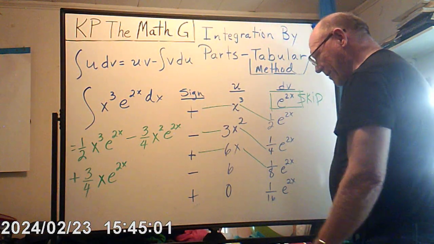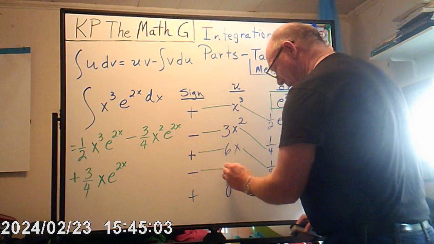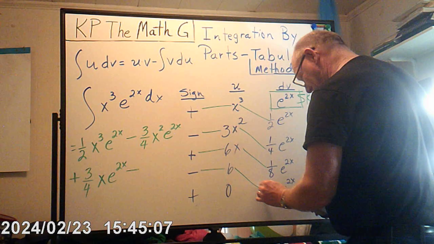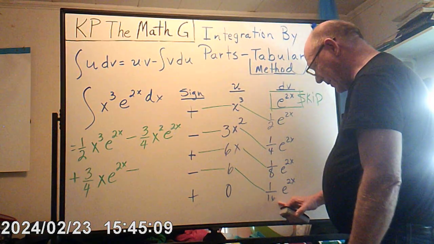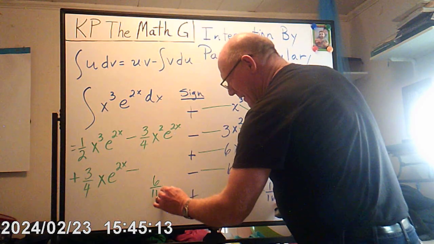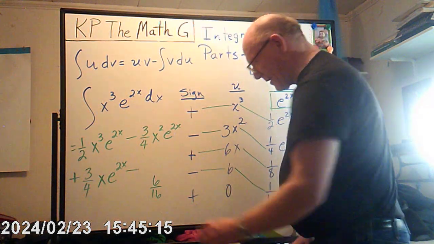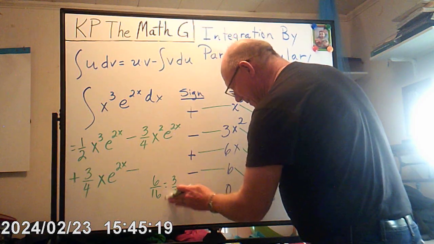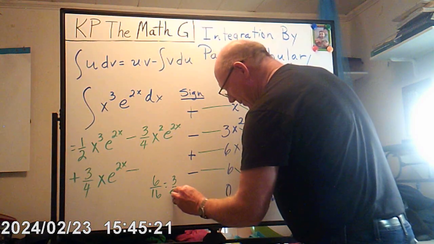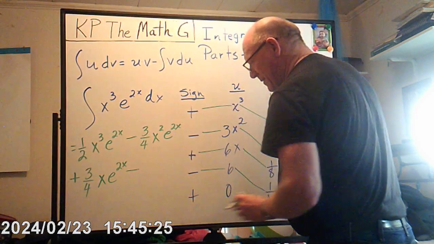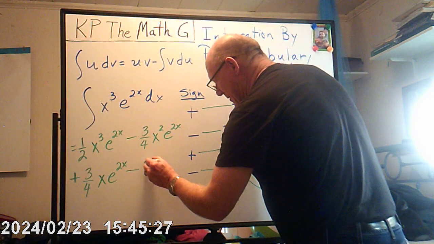See the pattern? Now the next term is a minus. So minus 6 times 1/16 is 6/16, which is 3/8 in lowest terms. And so minus 3/8.